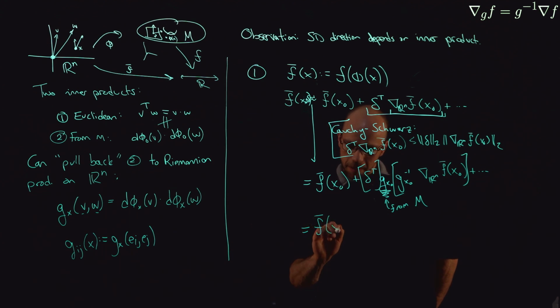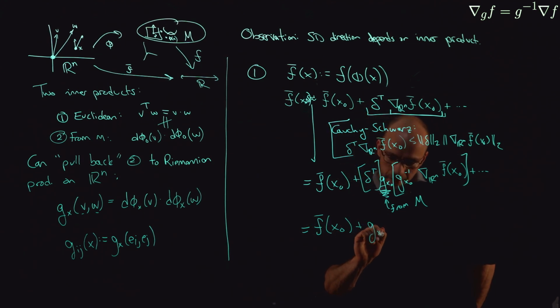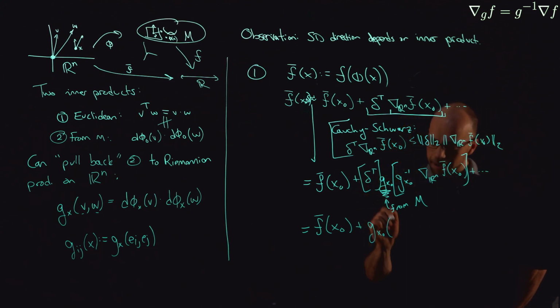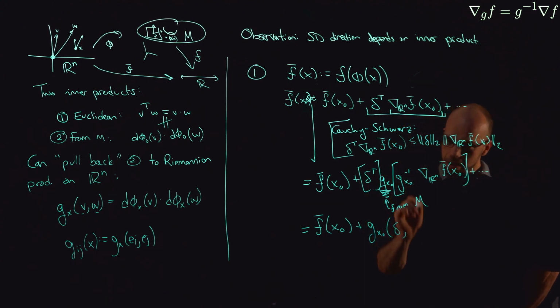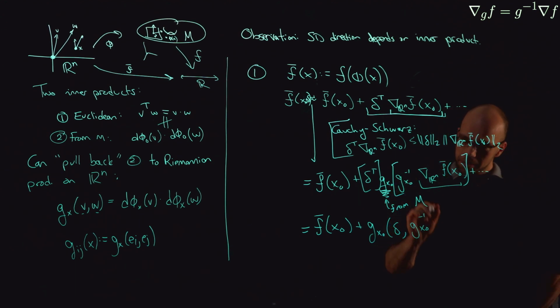So this is f bar of x naught plus g at x naught evaluated at delta, comma, and here's the thing, it's not the gradient anymore, it's the gradient pre-multiplied by g inverse.